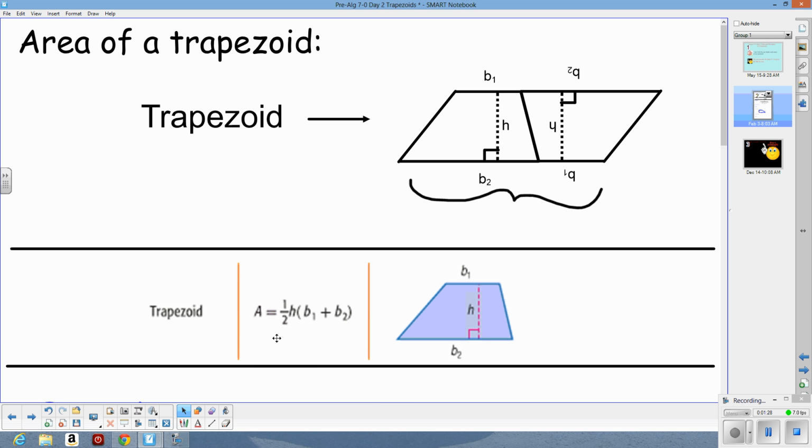The area is equal to 1/2 times the height times the sum of the bases. The 1/2 comes from the fact that it's half of a parallelogram with b1 plus b2 as the base and h as the height.